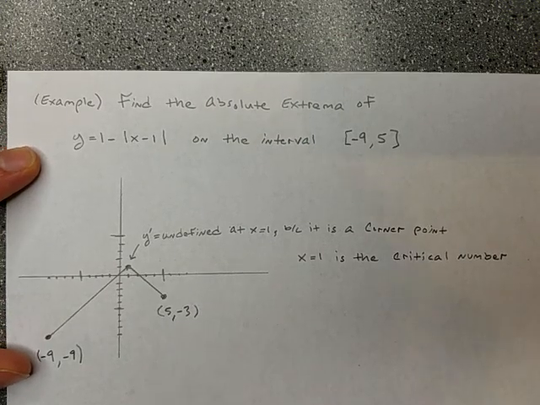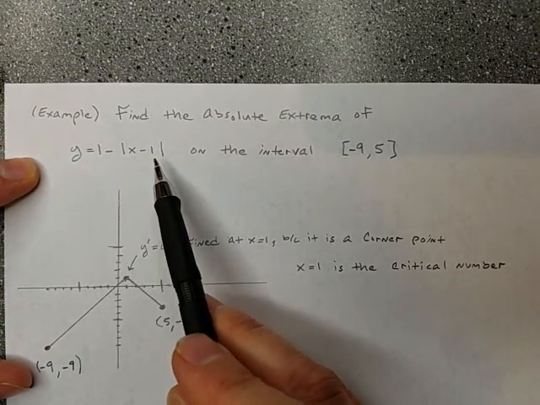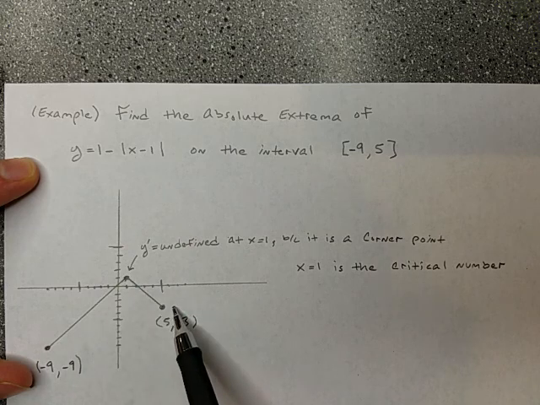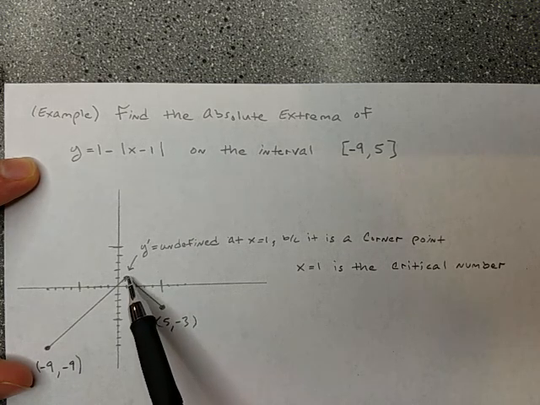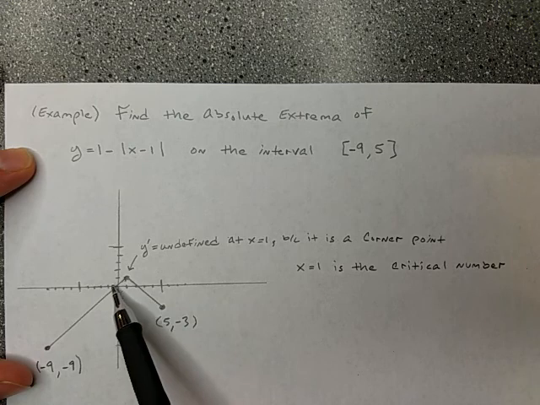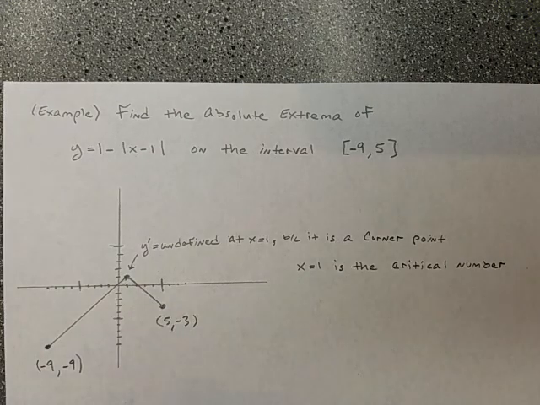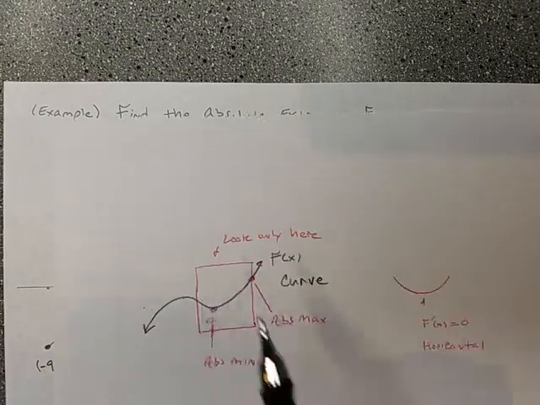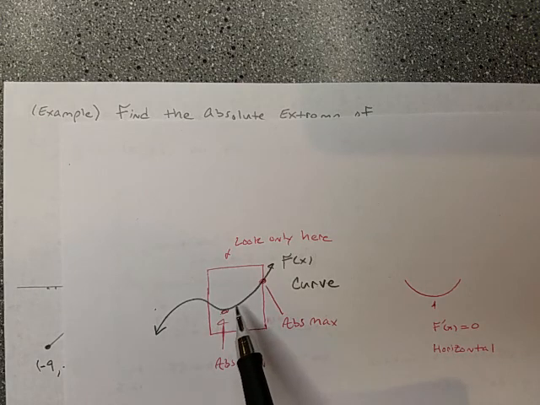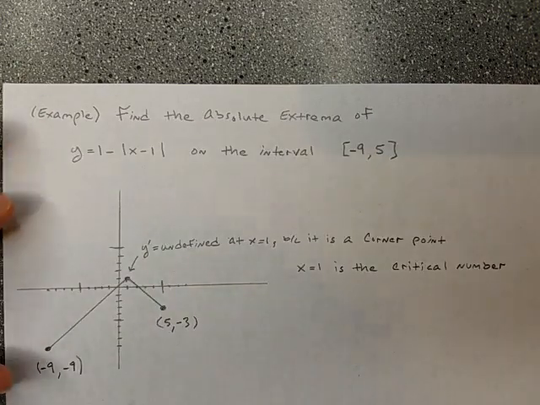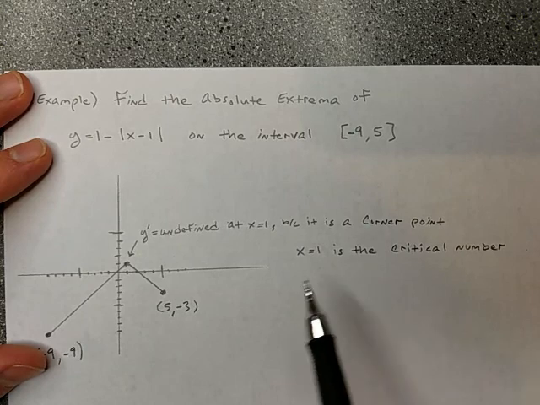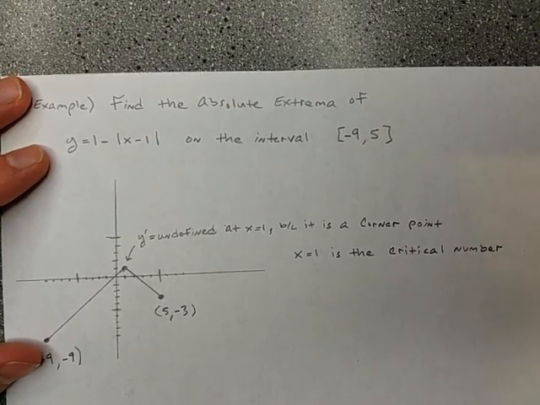Okay? So that means that on this one, because it looks like this, because that is in fact a corner point. It's not smooth right there. It doesn't dip downward or upward in an arc. Okay, then the derivative is undefined, and 1 for x is a critical number.